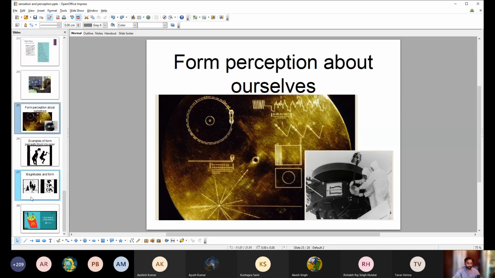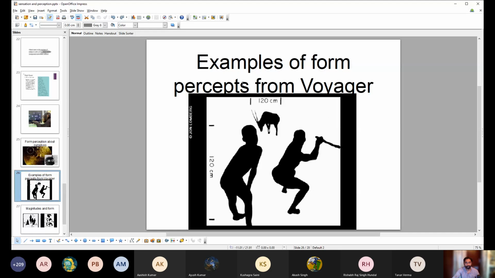Or let me use a simpler example. This is another example from the same disk, which you see here, and this is self-explanatory. Perhaps most Earthlings will have similar or related interpretation or meaning or semantics of this picture. There is a lot I have to say about the picture, so I will save it for the next class.